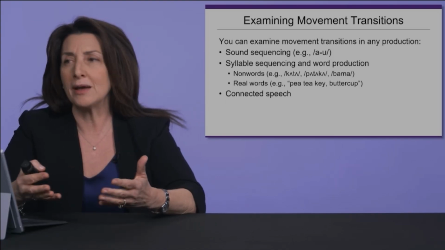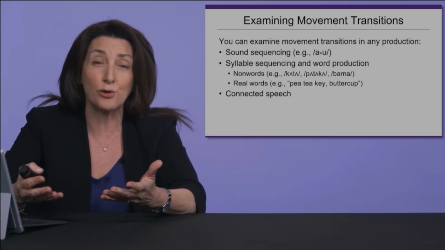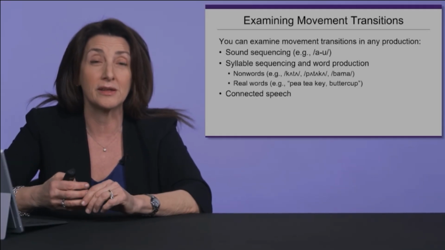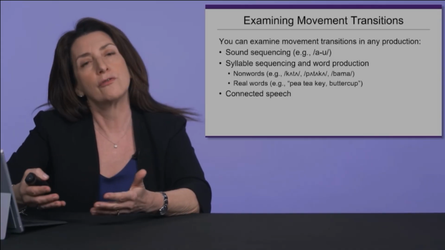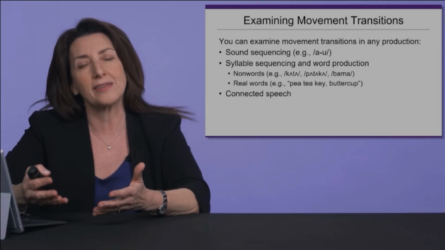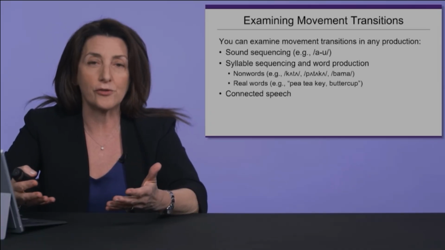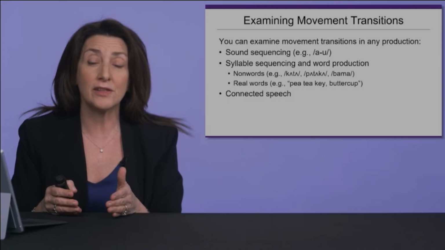But keeping in mind that the example of by is a good one, where we can even look within single syllable words to examine that transition between consonants and vowels. And of course, we examine the smoothness of movement transitions in connected speech as well. So we can look in varied speaking contexts, and we're looking for that level of breakdown.